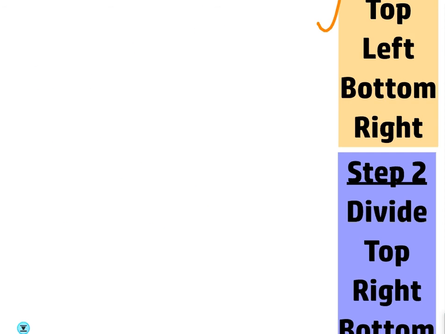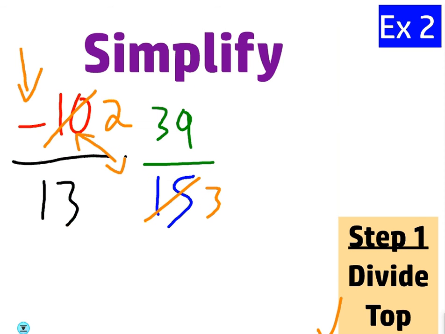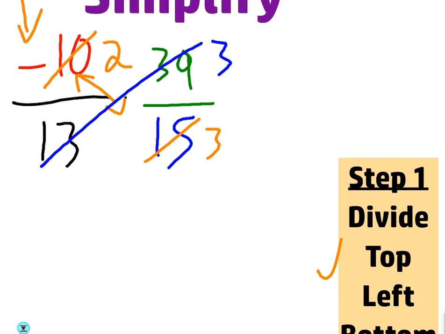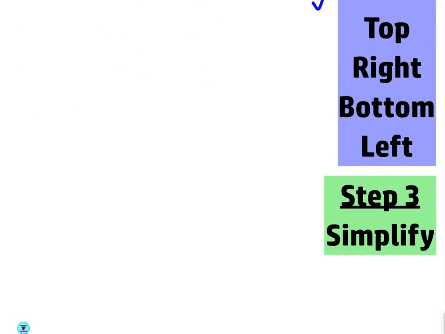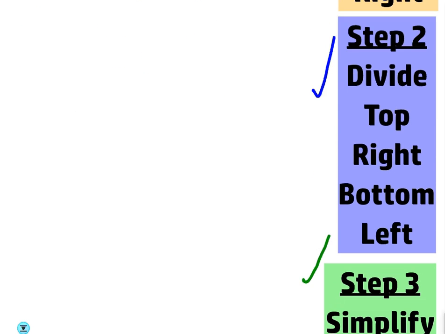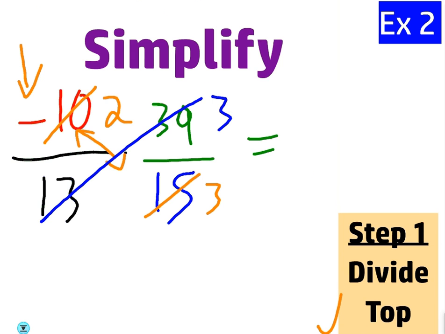Then we're going to take the top right, divide the bottom left. 39 over 13. Remember, the answer goes where the bigger number is, which is 3. Yep, you don't have to put 1, okay? Because it's going to work itself out. Now we simplify. So what do we have on the top? Okay, so we got negative 2 times 3 on the top because we got a negative 2 and a 3 over 3 on the bottom.